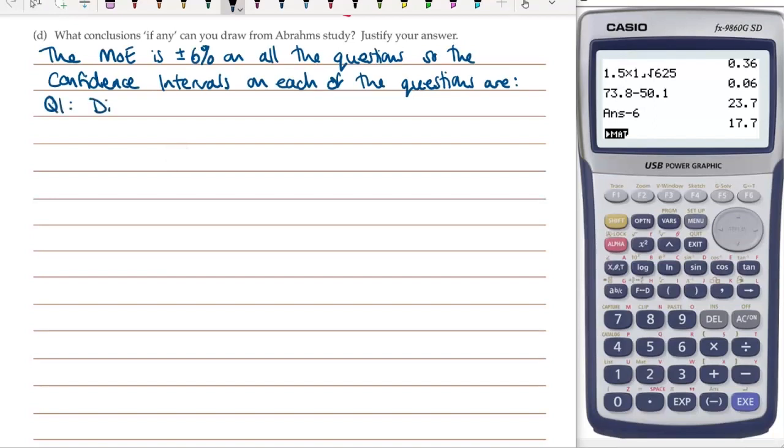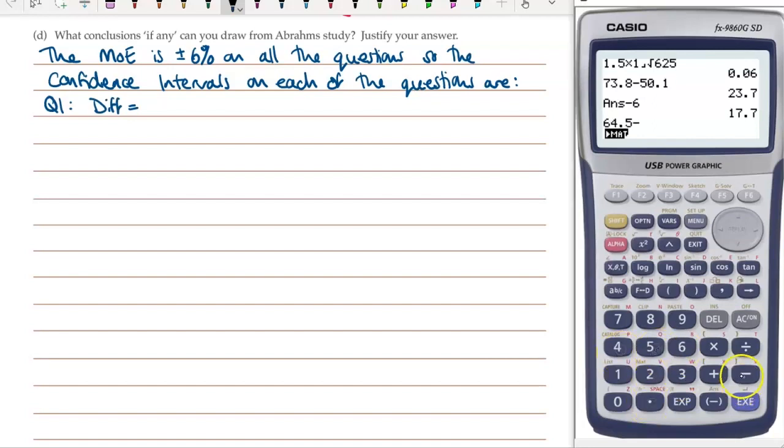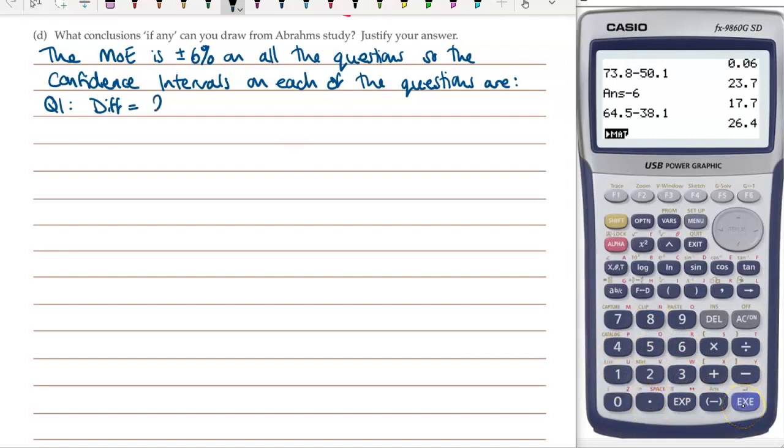Question 1, the difference there is start with 64.5 minus 38.1, 26.4%, and the confidence interval is then going to be, if we take off 6, we've got 20.4, and if we add on 6, we've got 32.4.